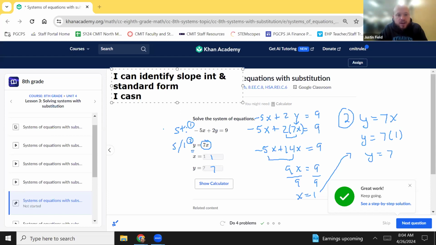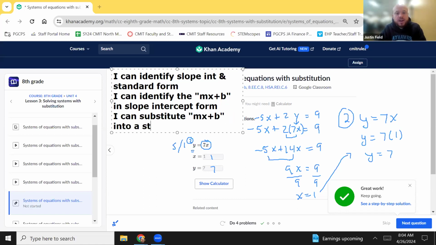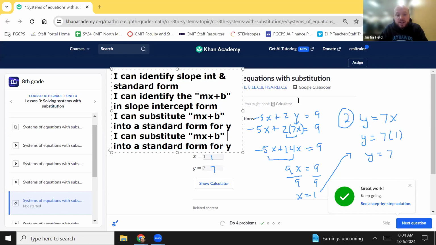I can identify the mx plus b in slope intercept form. I can substitute the mx plus b into a standard form for y. I'm going to add another success criteria.